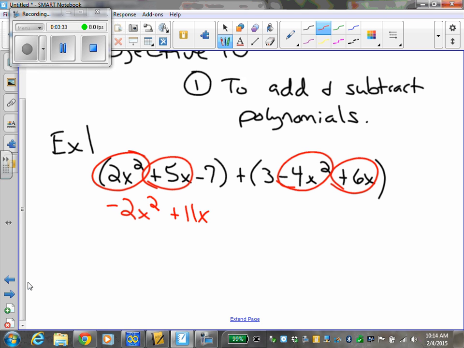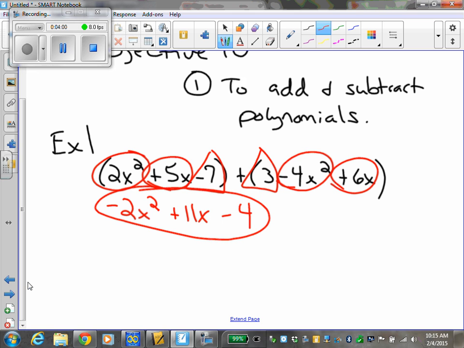And then we're going to add negative 7 with positive 3. And so we add those and you get negative 4. Can you add these, your final answer together? Any of those match? Let me ask you, is it in standard form, starting with a degree of 2, then going to a degree of 1, then going to a degree of 0? So there's your final answer.